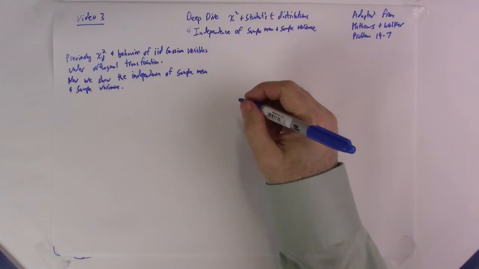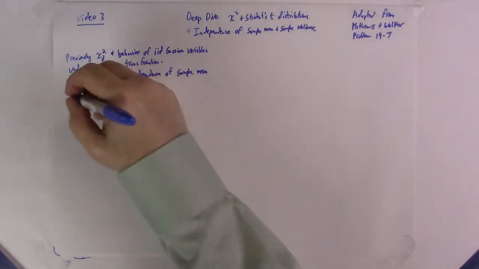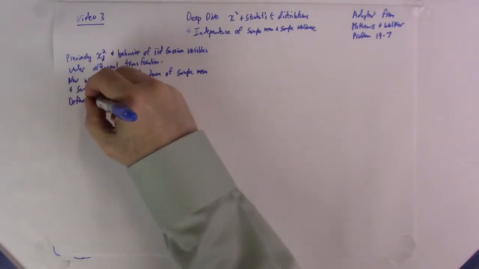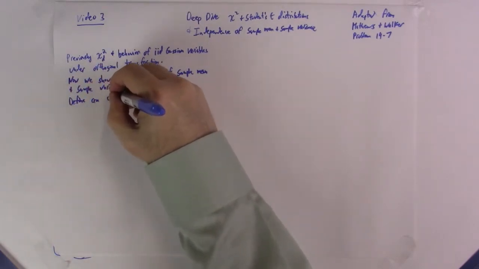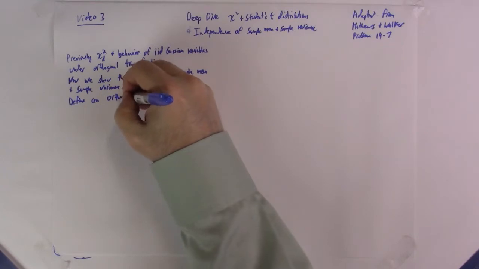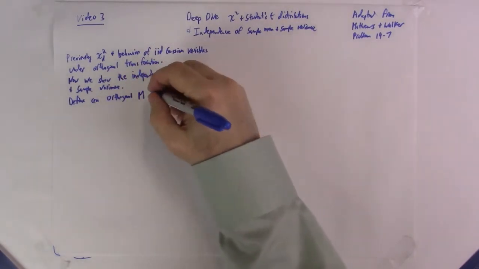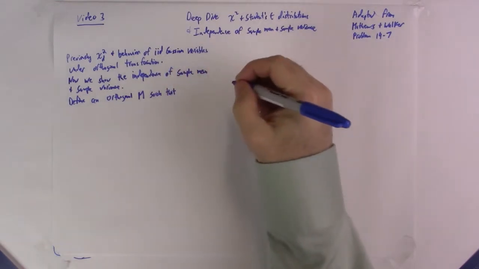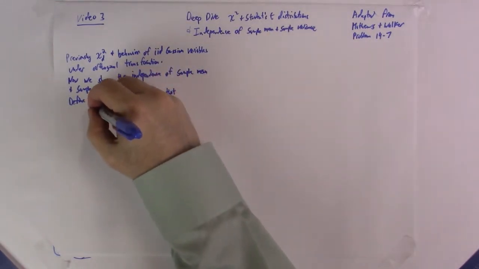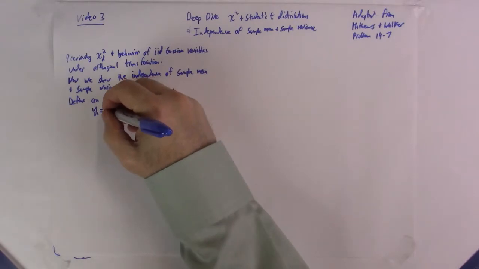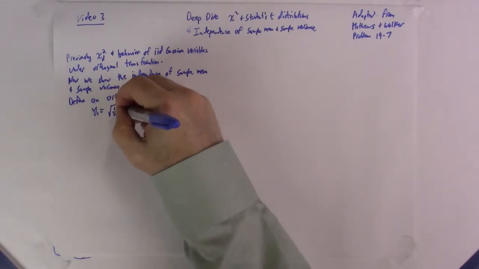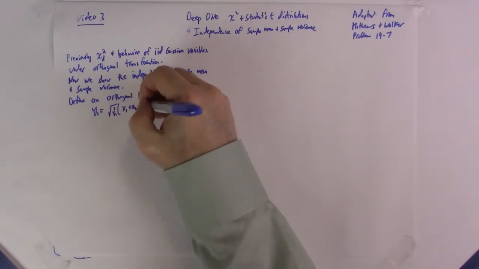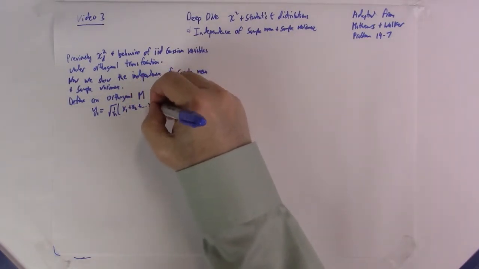So what we're going to do is define an orthogonal transformation M such that y1 is equal to the square root of 1 over n times x1 plus x2 plus dot dot dot xn.